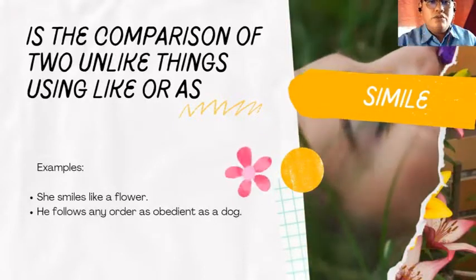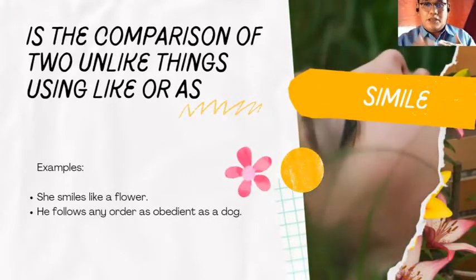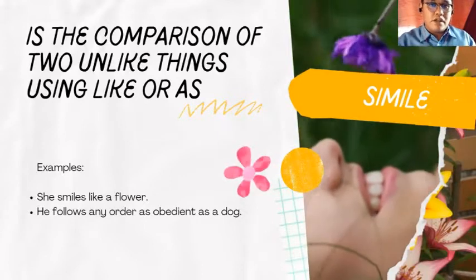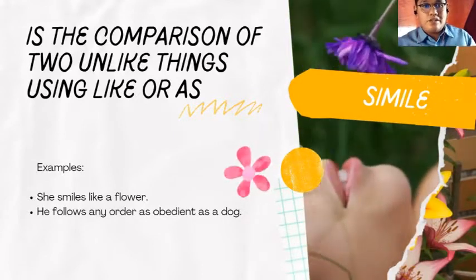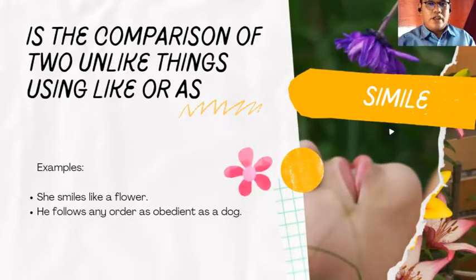So, unang-una sa figures of speech is simile. So, simile is the comparison of two unlike things using like or as. Okay? Tatandaan guys, sa simile, gumagamit tayo dito ng like or as sa pagko-compare ng dalawang unlike things. Okay? Example, she smiles like a flower.